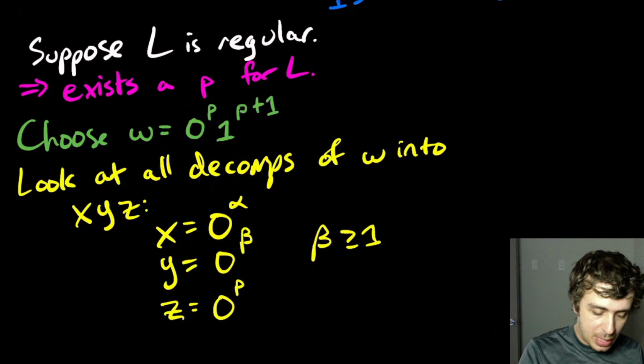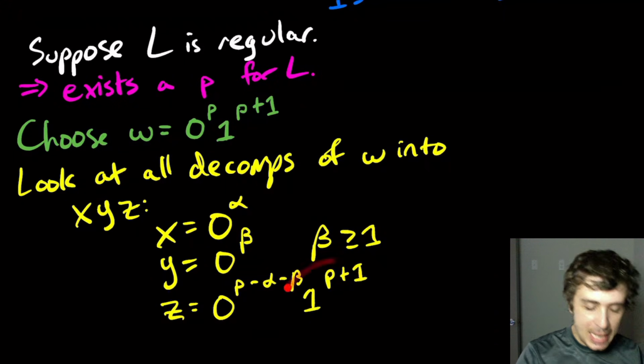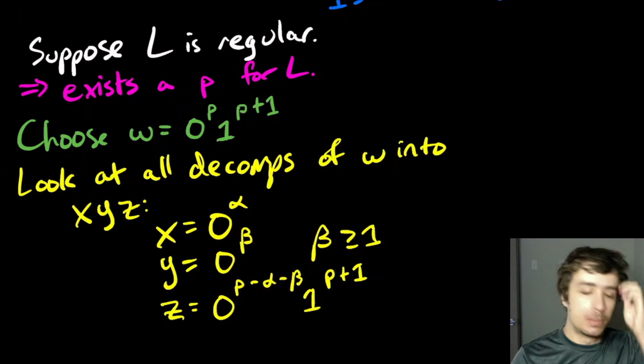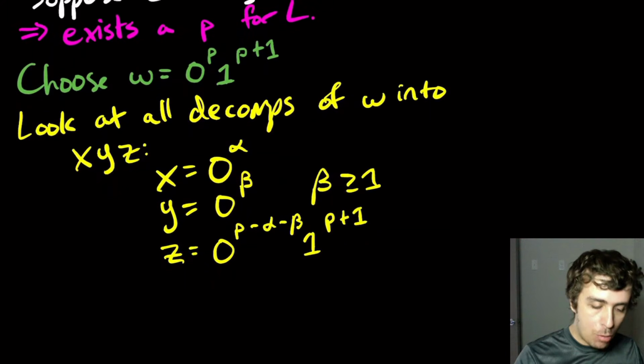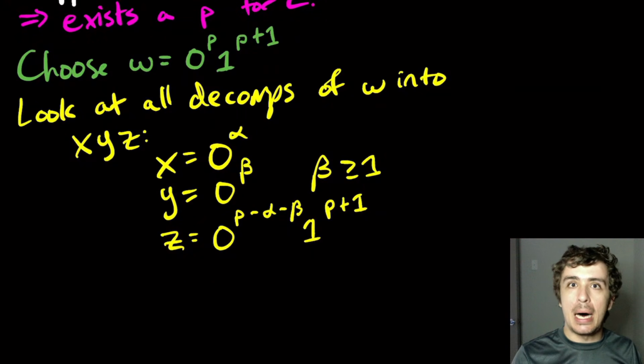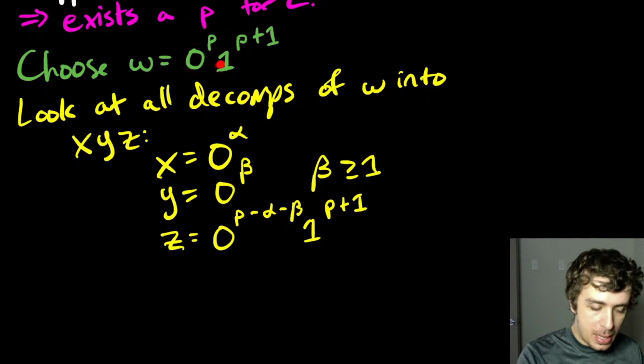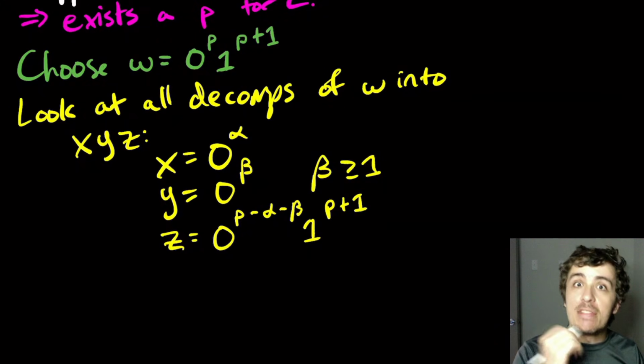And just like the 0 to the n, 1 to the n proof, we're going to get something very, very similar. So note that Z has all of the 1s still, but this is the remaining set of zeros. Okay, so now we need to choose an I, or find a value of I, such that we leave the language.